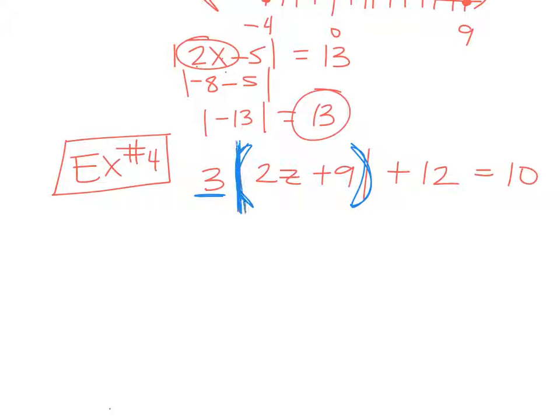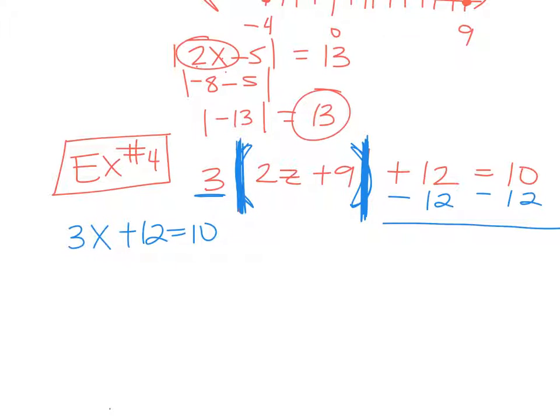But it's not parentheses. It's absolute value. So 3 times something plus 12 equals 10. You kind of think of it like this. 3x plus 12 equals 10. What would be the first thing you'd get rid of there? The 12, right? We would take away the 12. So that's what we're going to do here. We're going to take away the 12.